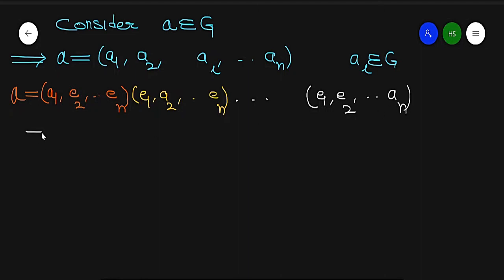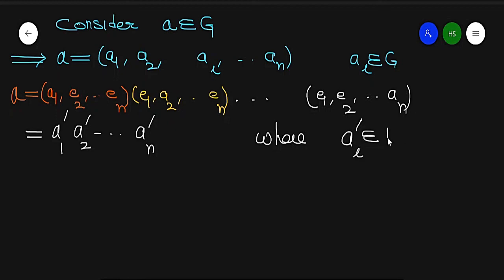Now check that this element is A1 dash and it belongs to H1, and this is A2 dash, it belongs to H2, and so on up to An dash, where each Ai dash belongs to Hi, right? So an element of G can be written as the product of the Hi.